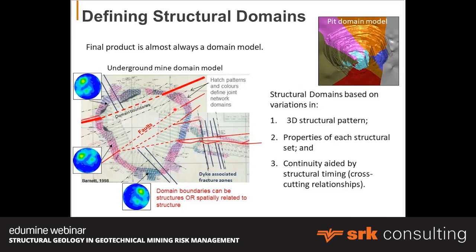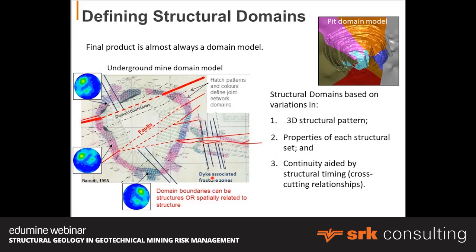Okay, in this example here, we tried to produce an understanding of the variation in joint patterns. These are the hatching between these different fault systems. Okay, and perhaps what you do is present these different joint patterns as stereonets, summarized for different domains around that particular mine.